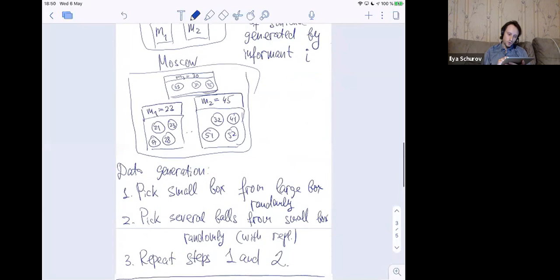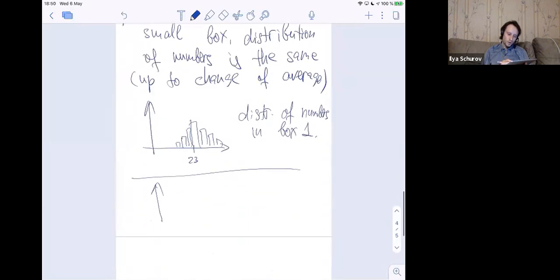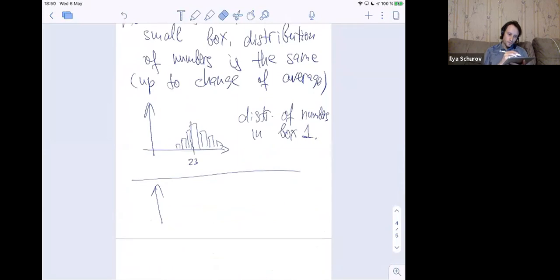And in box 2, where the average is 45, this is M1, and this is M2. It will be the same, more or less.